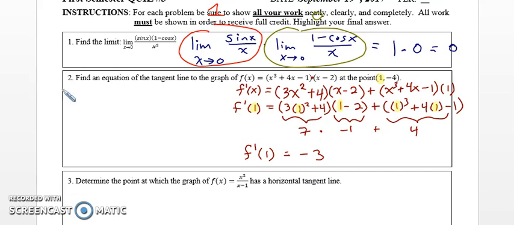So now I'm going to plug that into my point slope formula: y minus y1 is equal to m times x minus x1.